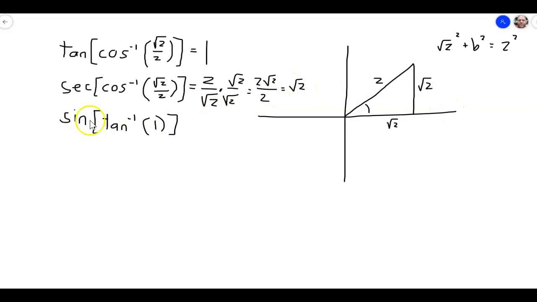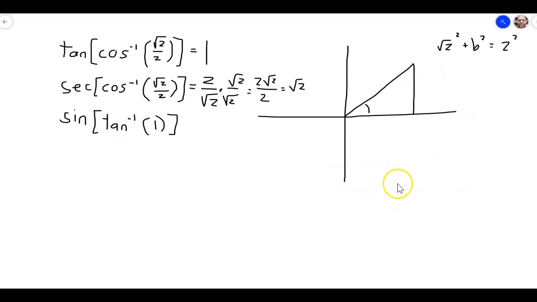Okay, and then for this last one here, we have the sine of the inverse tangent of 1. So I'm going to go ahead and take these values out here. So let's figure out what quadrant we're in now. Notice I'm leaving the triangle there, and that's going to be for a reason. So the domain for the inverse tangent function is either in the first or fourth quadrant.